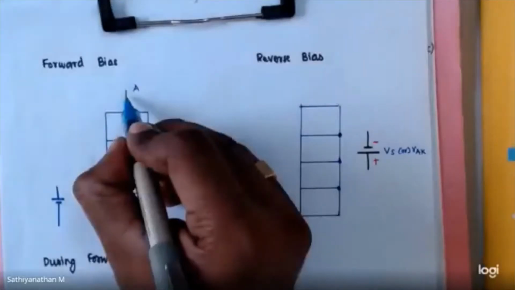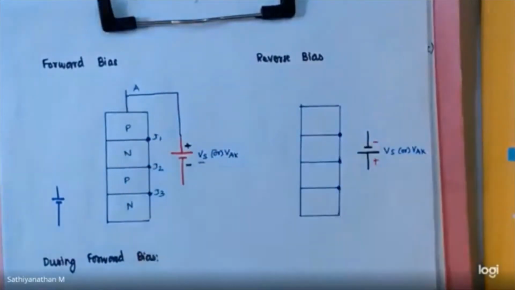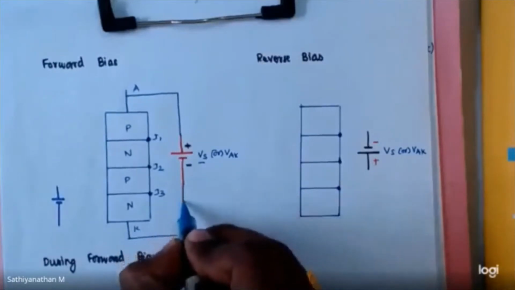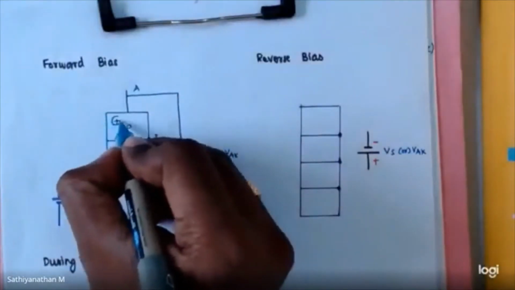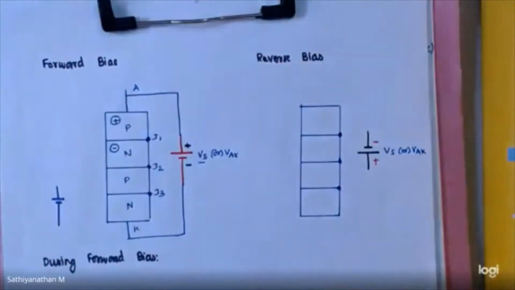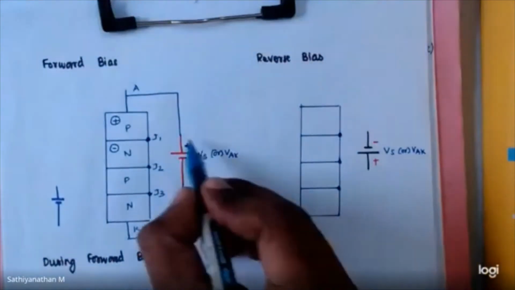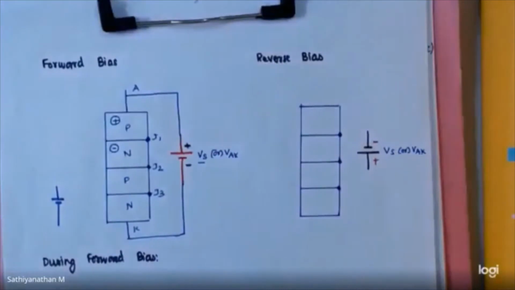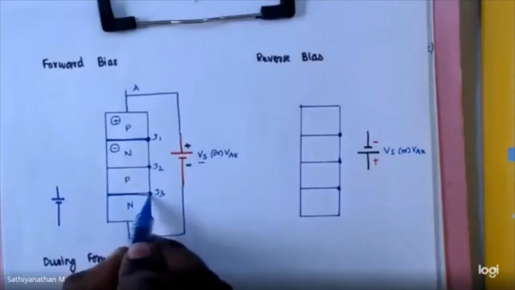During forward bias, your anode is connected to the positive terminal of the source, and the cathode is connected to the negative terminal of the source. So you have holes at the P layer and electrons at the N layer. If you look at the connection for this forward bias, only junctions J1 and J3 are in forward bias.